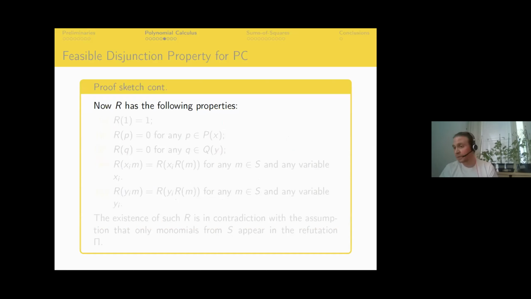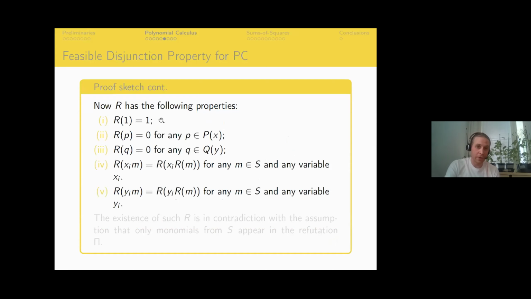And then we can prove that this R has the following properties. So you map constant polynomial 1 to 1, you map all the axioms to 0, and then you have this commutativity kind of property.